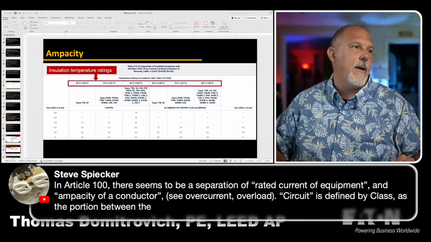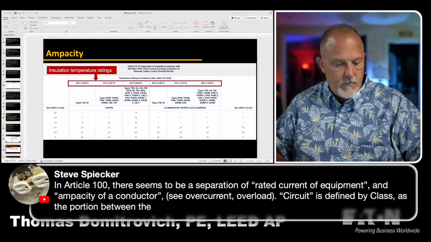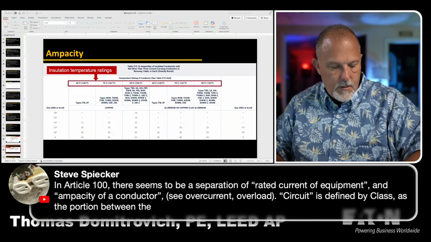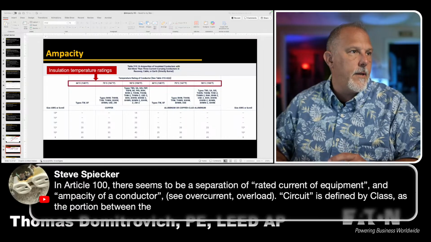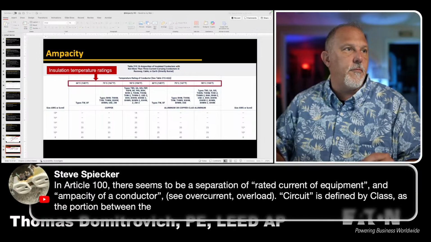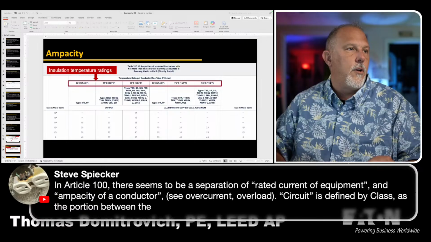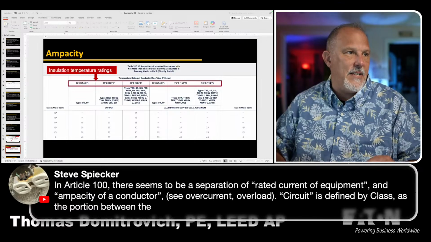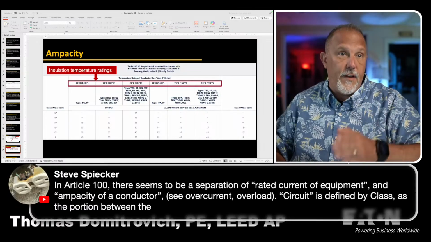310.16. If I go to 310.17, I also have 60, 75, and 90. 310.18 is 150, 200, 250.